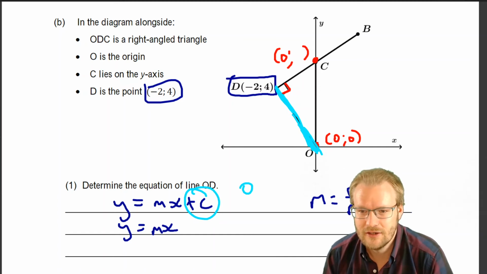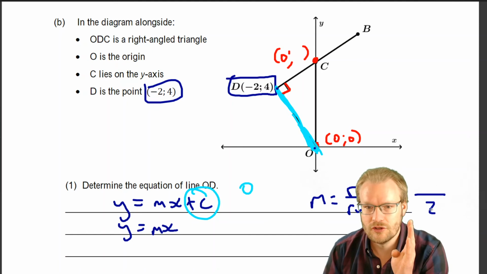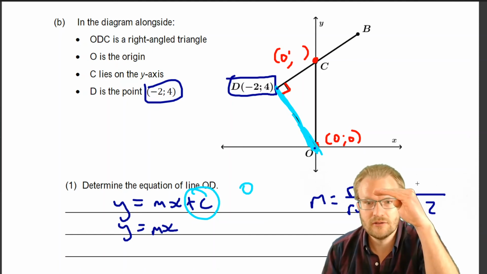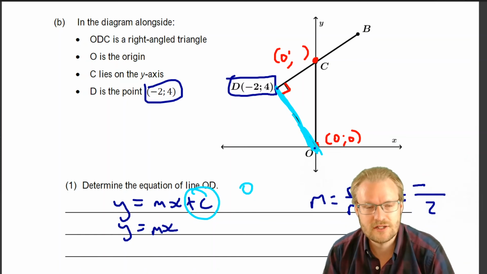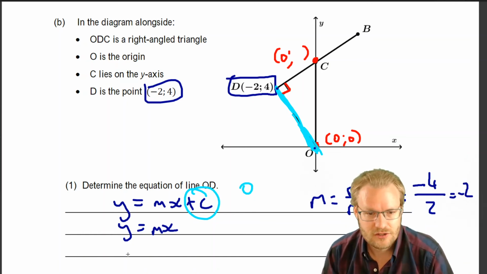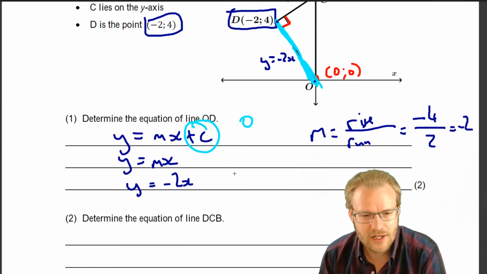So we're going from this point to this point maybe. We're running across by 2. We're going down, so it's going to be negative. We're going from 4 down to 0, minus 4, so our gradient's negative 2. So y equals minus 2x. I'm actually going to write this in here, y equals minus 2x. Maybe it'll be handy to have it on the diagram.